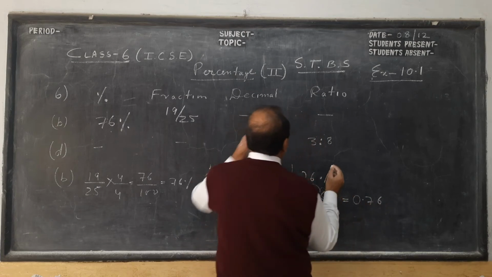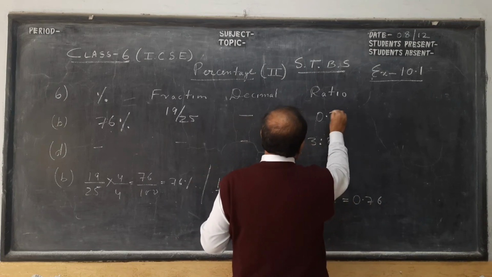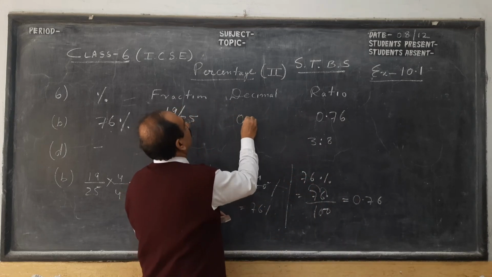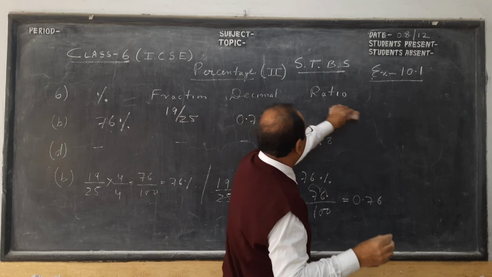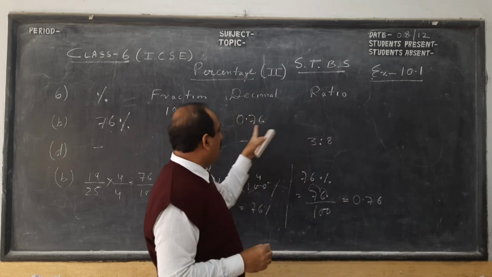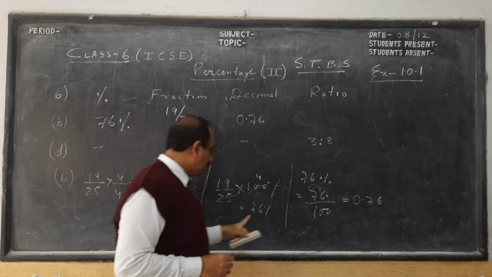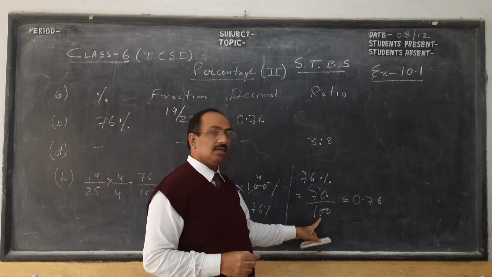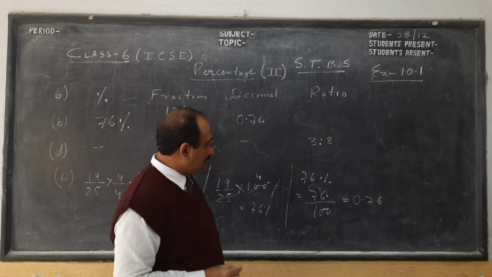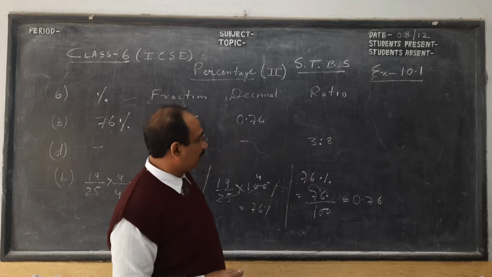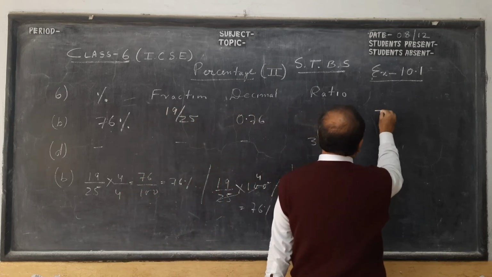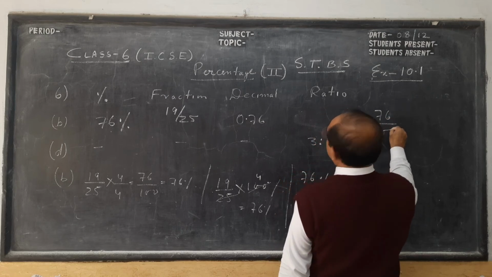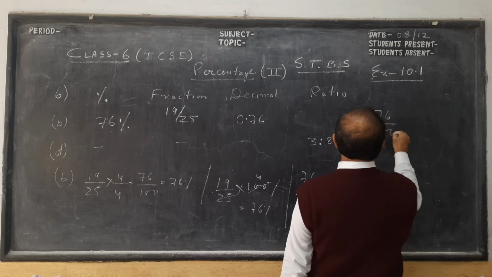So this becomes 0.76 as a decimal. If you cancel, then it will become a ratio. So here, children, I got 76%, I remove the percentage, I get 100, and we just shift the decimal. Last one, if you want to see how we get the ratio, what we will do, children: 76 by 100, we cancel to the lowest terms.